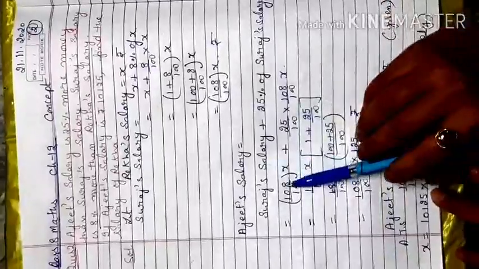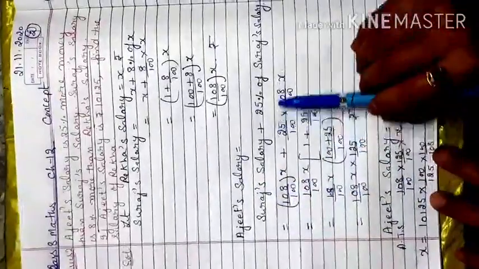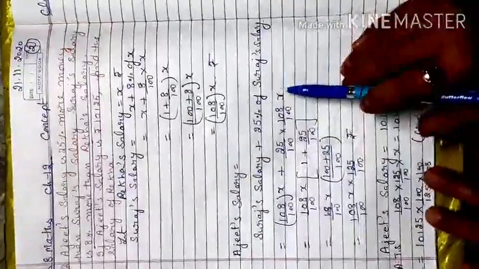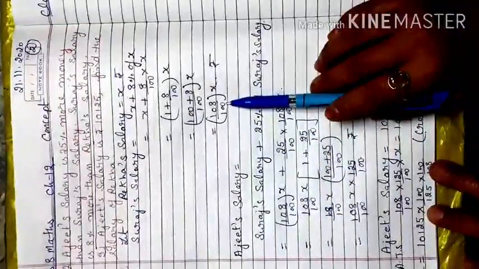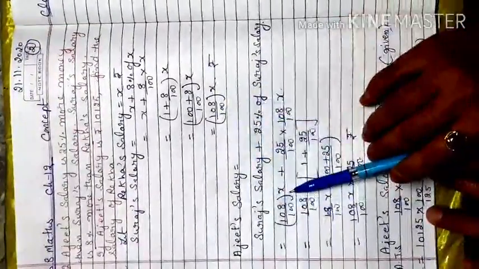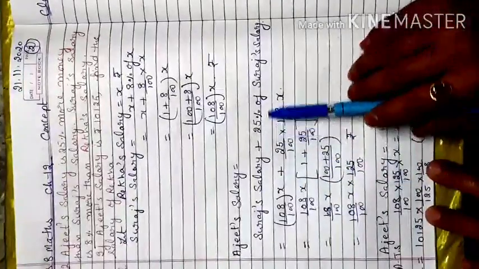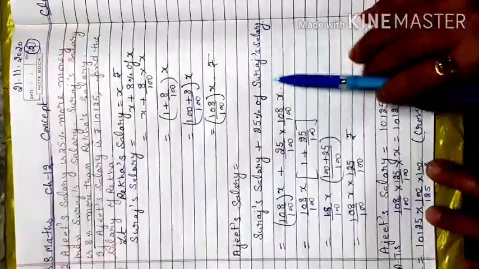Now Ajit's salary, according to the statement, is Suraj's salary plus 25% of Suraj's salary. So Suraj's salary we found here is 108 by 100 x, plus 25 by 100 into 108 by 100 x, like 25% of Suraj's salary.